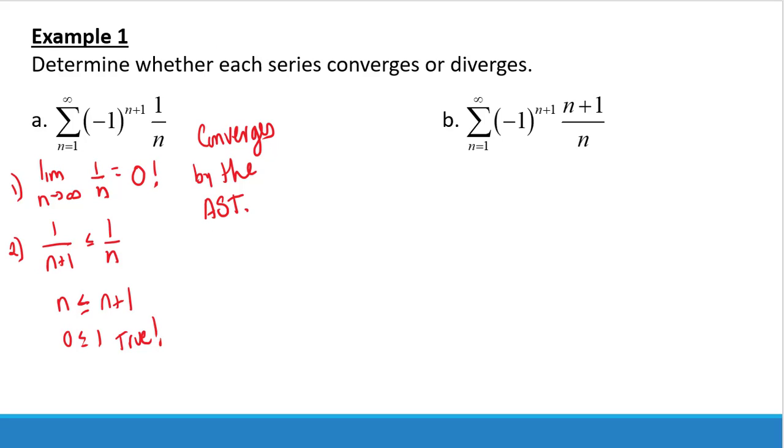Okay, our second example here. So I take the limit as n goes to infinity of this n+1 over n, and this ends up equaling 1. So this diverges, but not by the alternating series test.